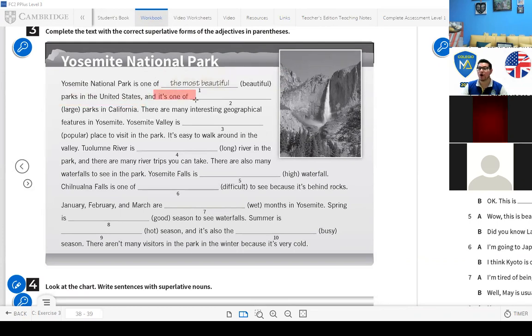And it's one of, what's the superlative of large? Do you have any idea? What's the superlative? What do you think? Vamos, tell me.